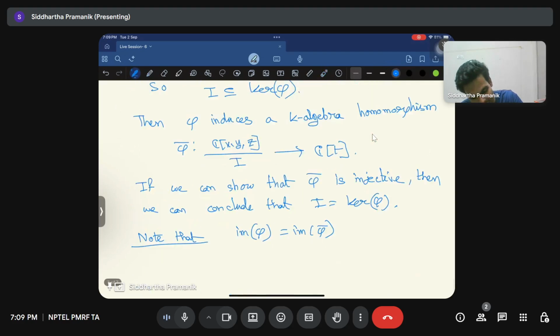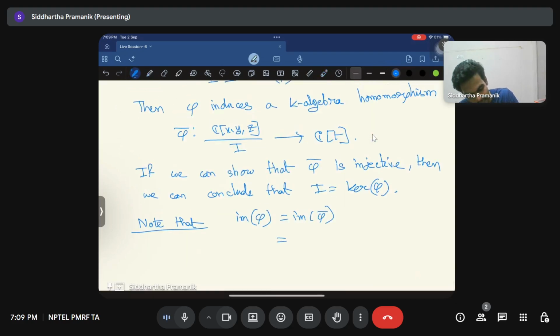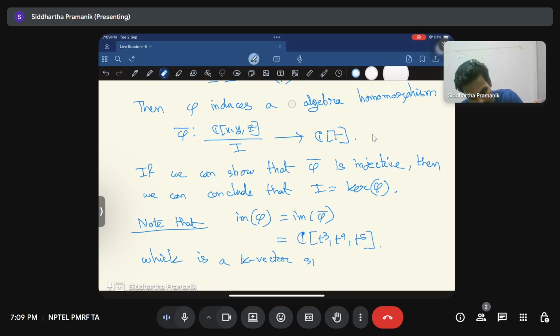So the image is basically C[t^3, t^4, t^5]. This is also a K vector space, sorry, not K, it's a C vector space.